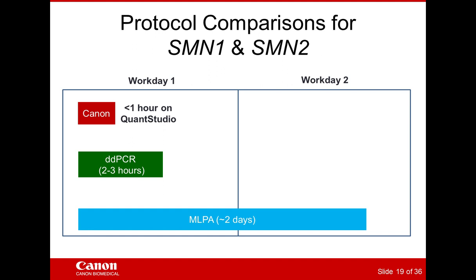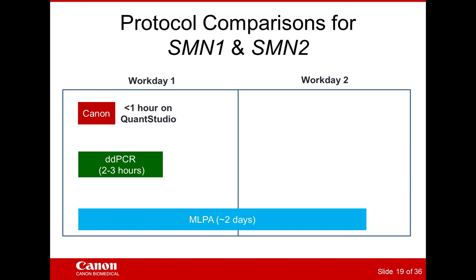Droplet digital PCR is great if your research question has you trying to answer whether higher copy numbers exist and differentiating between them. So maybe you want to understand whether samples have 5 versus 6 copies of SMN2. That would be a great method for that.